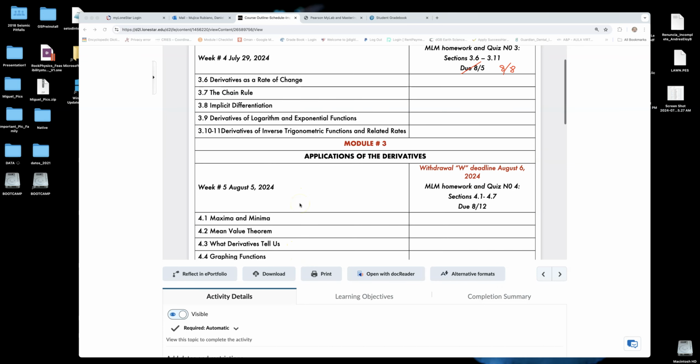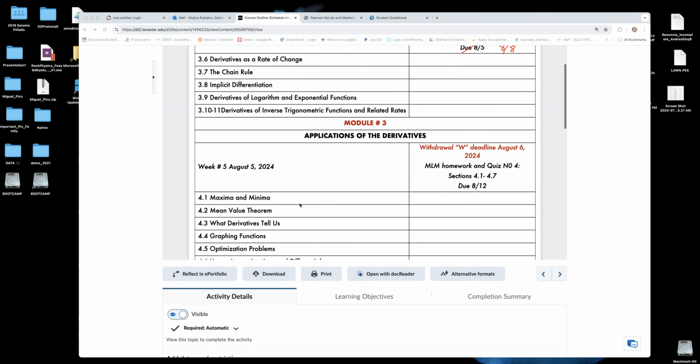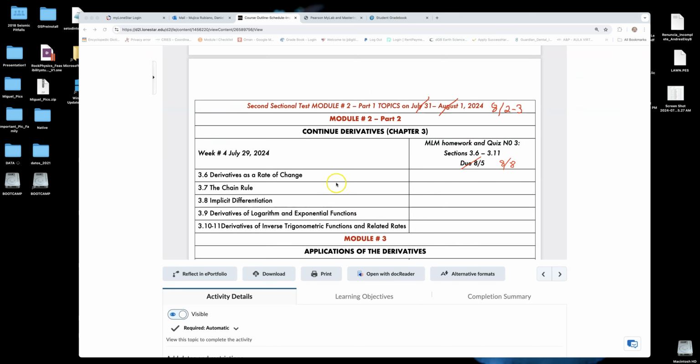Those exercises are related to module number 2, part 2, which is the continuation of derivatives, basically sections 3.6 to 3.11. The two exercises that I want to comment on are one from 3.9 and the other one from 3.11.